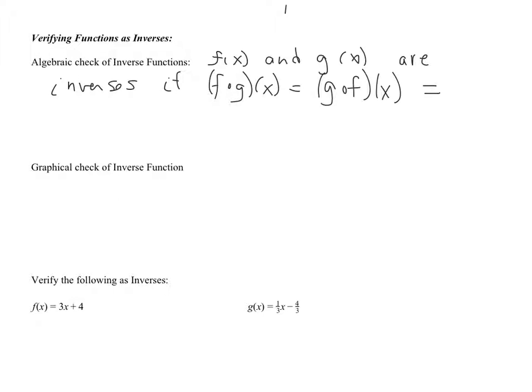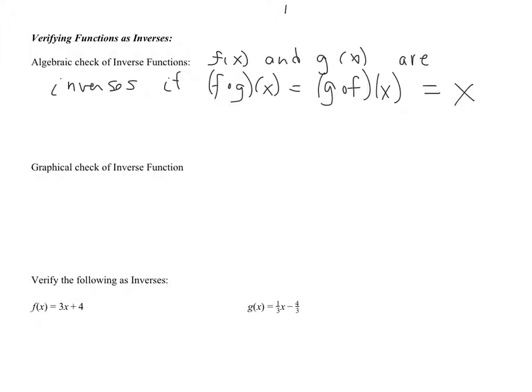So they have to be the same. Remember earlier problems, they weren't the same. They have to be the same and they both must equal x. So if you do both compositions and they both equal x, then the two functions are considered inverses. They would undo each other.